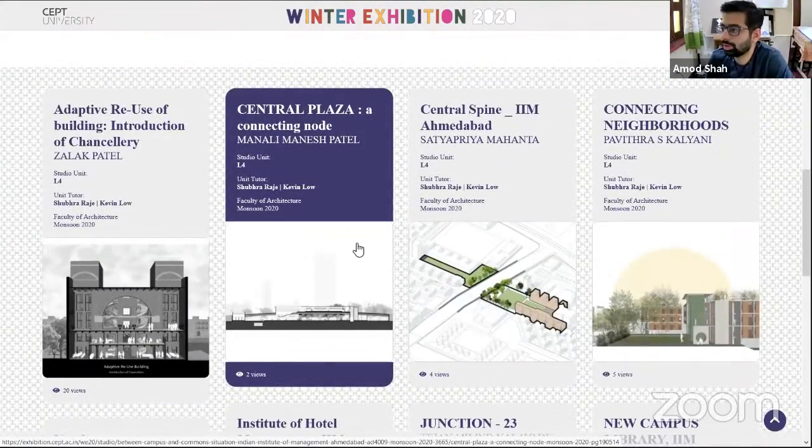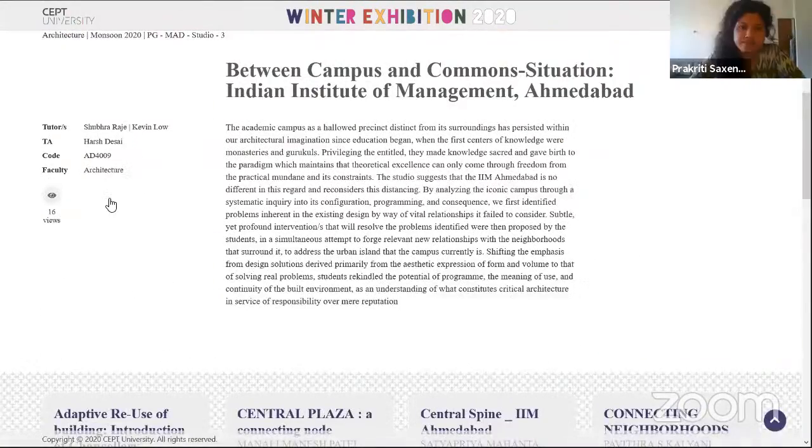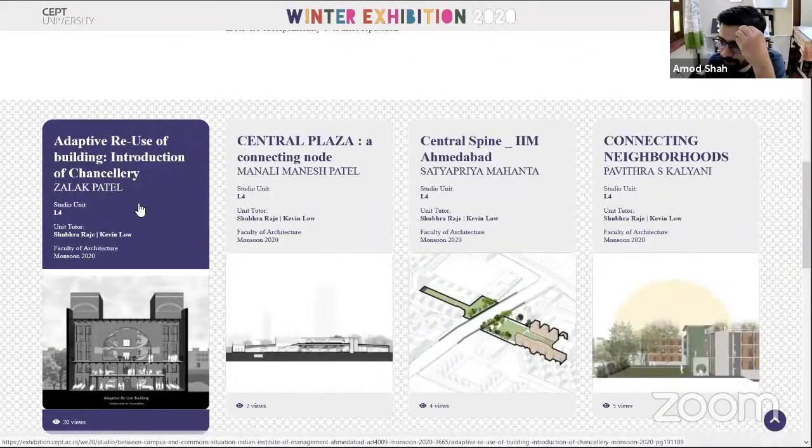Sure. Okay. So we have the 12. We first understood the idea that the library on the campus is a fortified entity, just like the campus, and you don't have access to that on a general basis, nor can people from the outside access it. So it makes knowledge sacred.